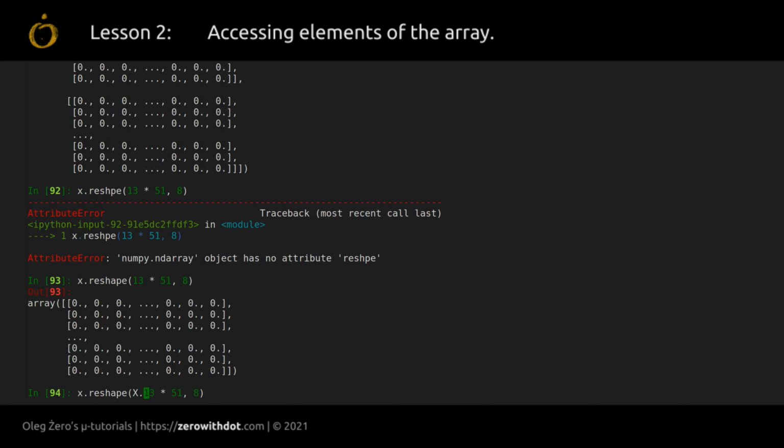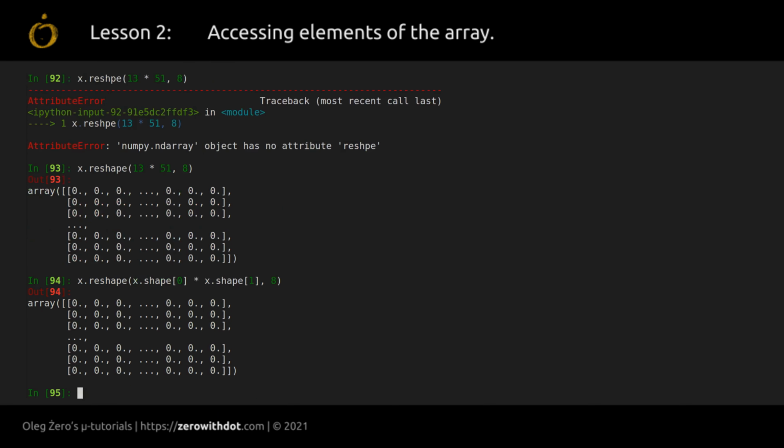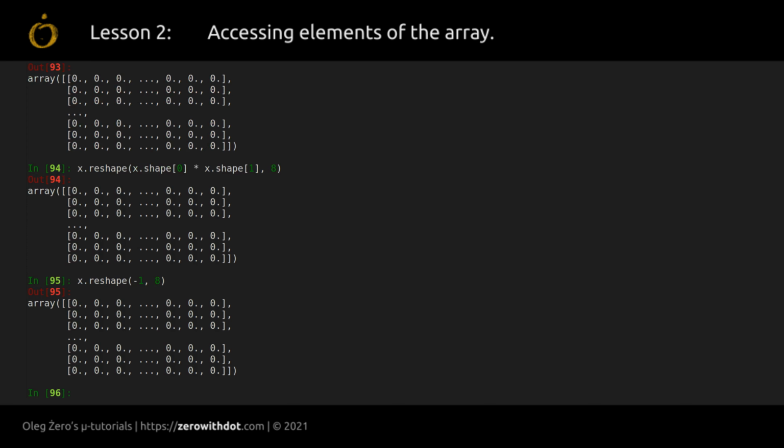If we don't remember those values, we could do something like that. But it's much simpler if we just put -1. And if we do -1, then for Numpy it's a message that, whatever the number will be, just put it there.